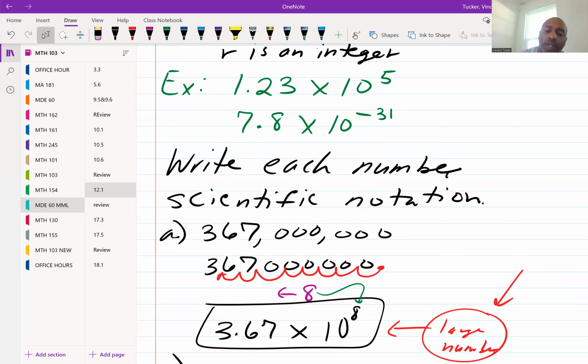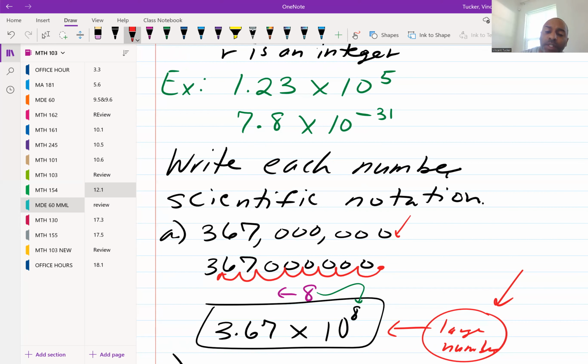So first thing we'll do is locate the decimal. We have 367 million. We don't see a decimal, so we assume it's right here, to the right of the rightmost digit. So we know that our decimal is right there.